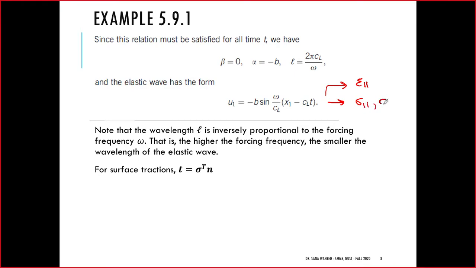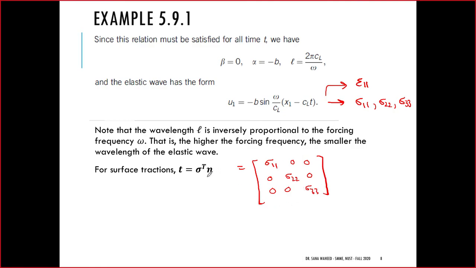Sigma 11, sigma 22 and sigma 33, as we just discussed previously. Which means my expression for this surface traction becomes a little easier. This is just sigma 11, sigma 22, sigma 33, 0, 0, 0, and then it is symmetric as well, of course.